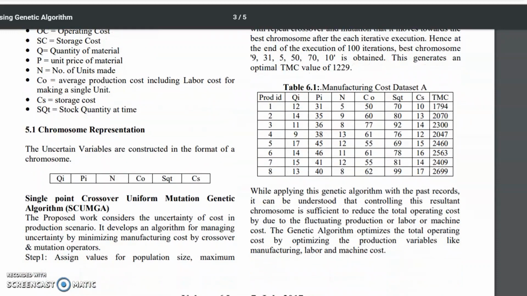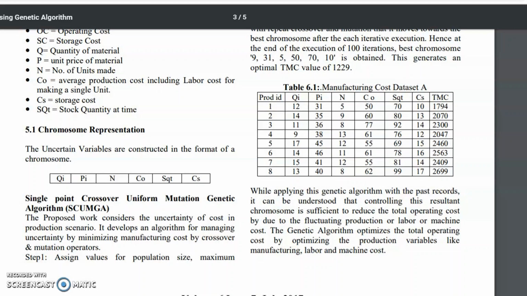So this paper is proposing a new algorithm called single point crossover uniform mutation genetic algorithm. The proposed work considers uncertainty of cost in production scenario, and develops an algorithm for managing uncertainty by minimizing the manufacturing cost by crossover and mutation operators.